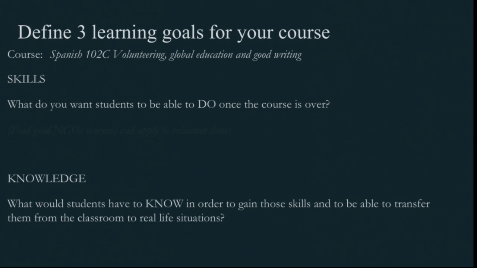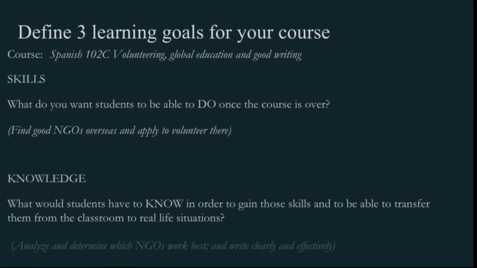My learning goal was for them to be able to afterwards find good NGOs overseas and apply successfully to volunteer in them, and to be able to do that on their own. The knowledge they needed was to analyze and determine which NGOs work best with volunteers, and also to write clearly and effectively.